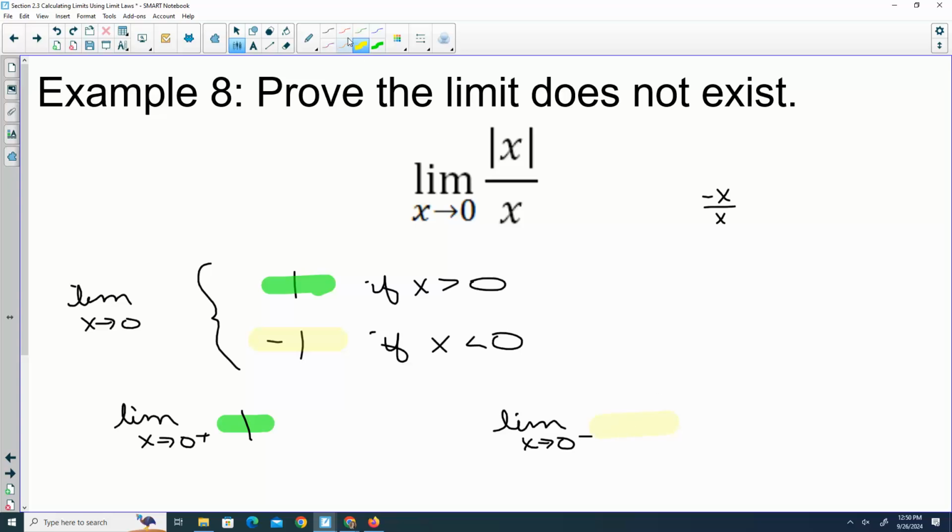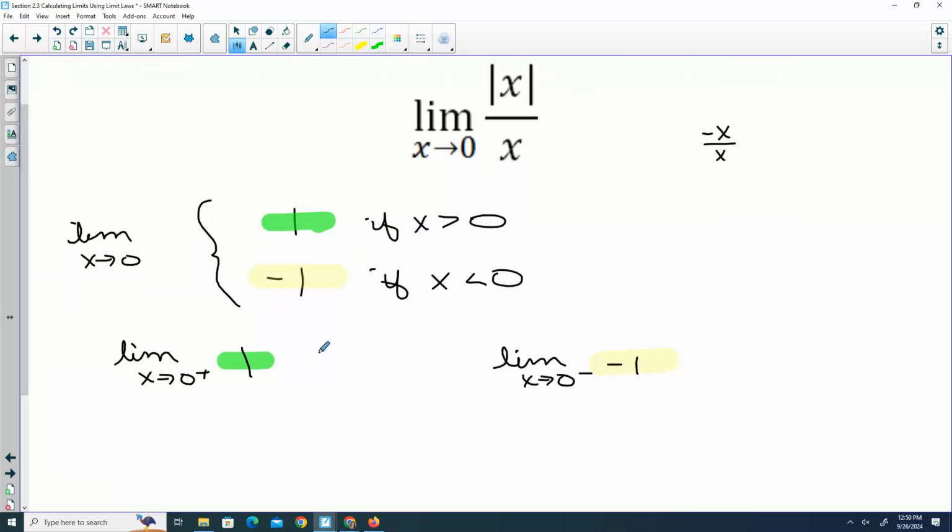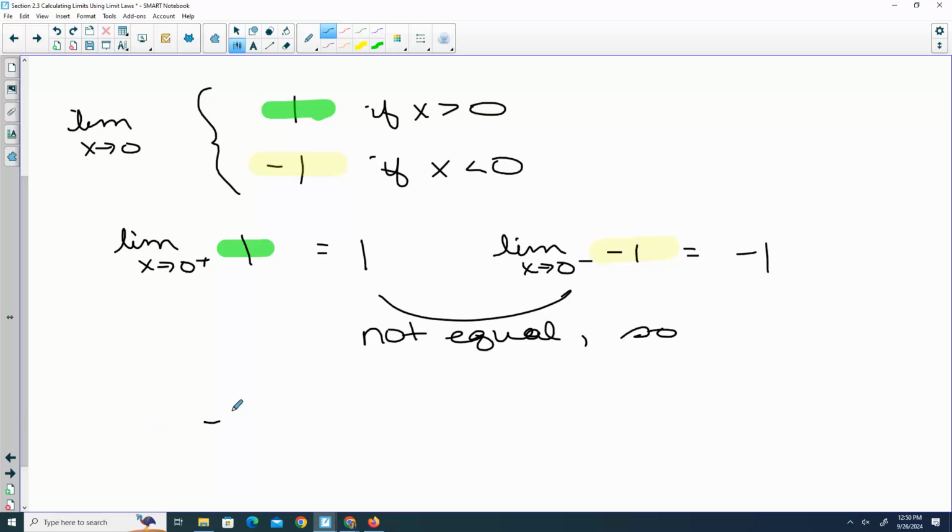So that's my negative 1. Okay, but this is the limit of a constant. What's the limit of the constant? The constant. So this one equals 1 and this one equals negative 1. They don't match. So those are not equal. So that tells me it does not exist.